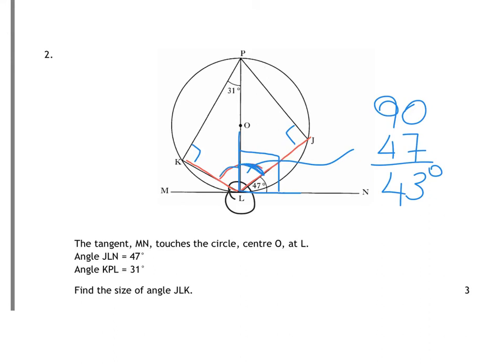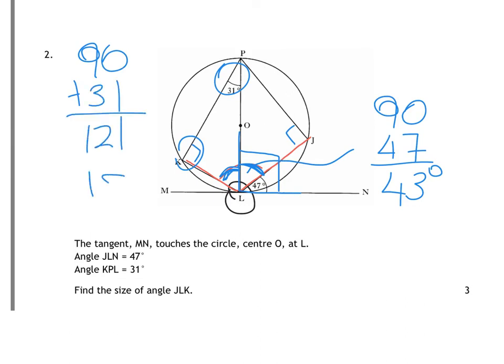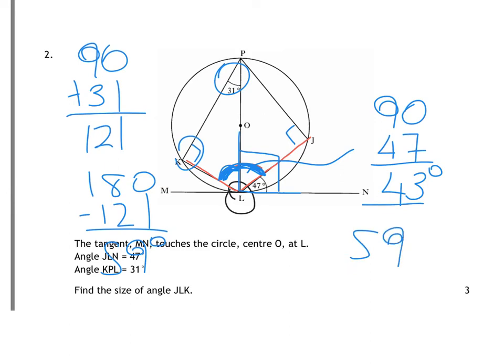I can now easily work out this part by angles in a triangle add up to 180. So 90 plus 31 is 121, and then it's 121 off of 180, which will give me 59 degrees. That part's 59 degrees, so it's 59 degrees plus the 43 degrees. Means that the size of that angle is 102 degrees.